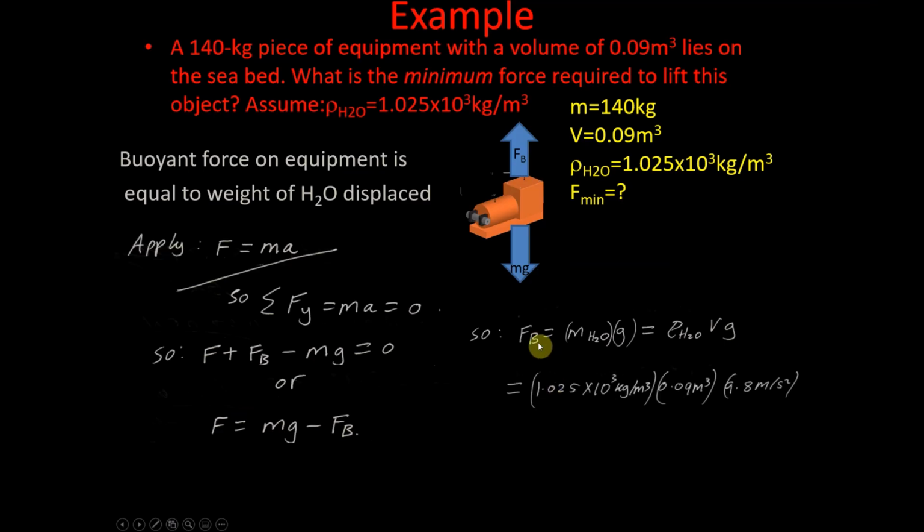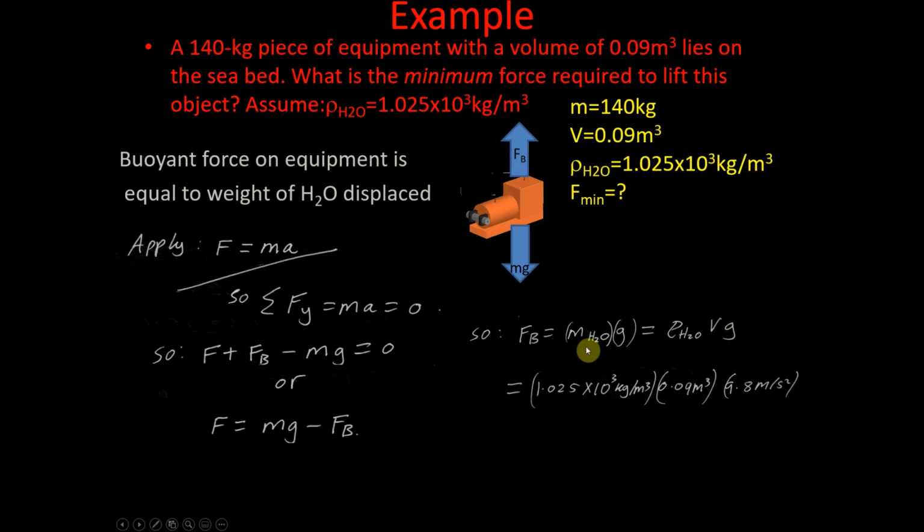So what's FB? Well, it's ma, which is m times g. The mass of the object, the equipment, is 140 kilograms. g is 9.8 here. We also have the situation where we have the mass, but we don't have everything in the terms that we want.